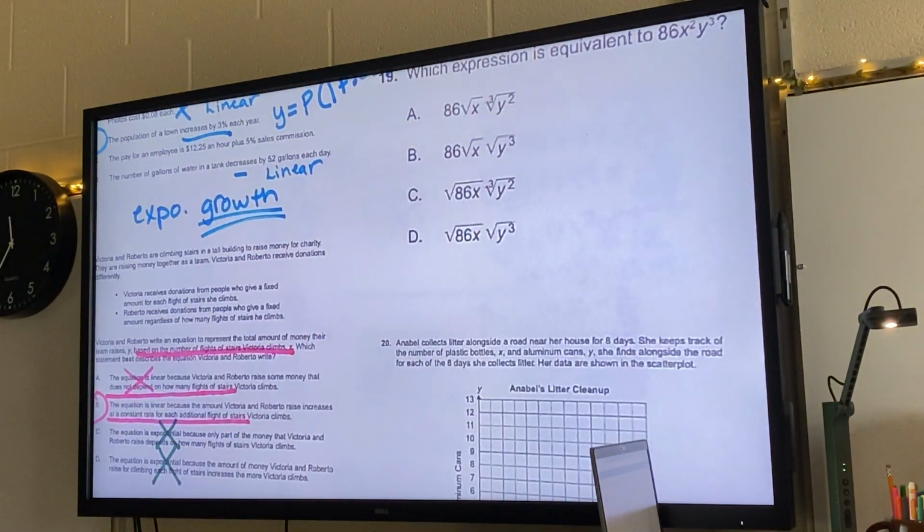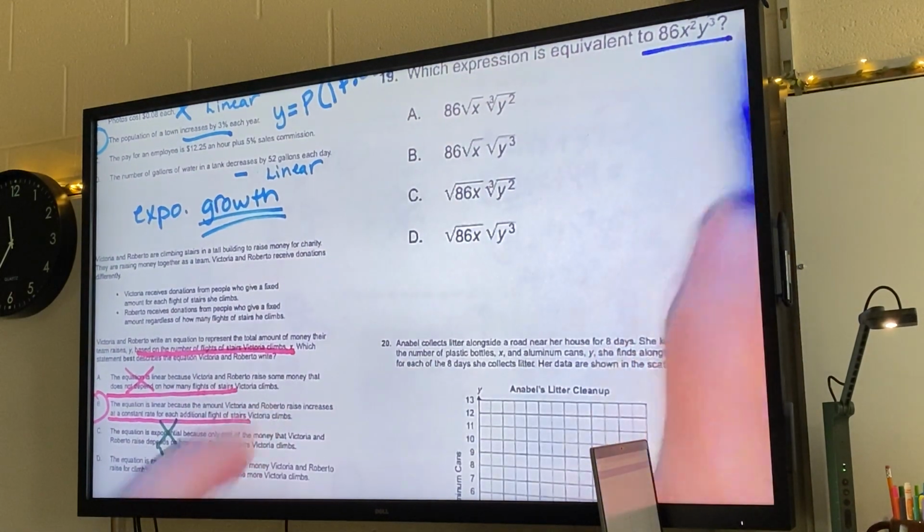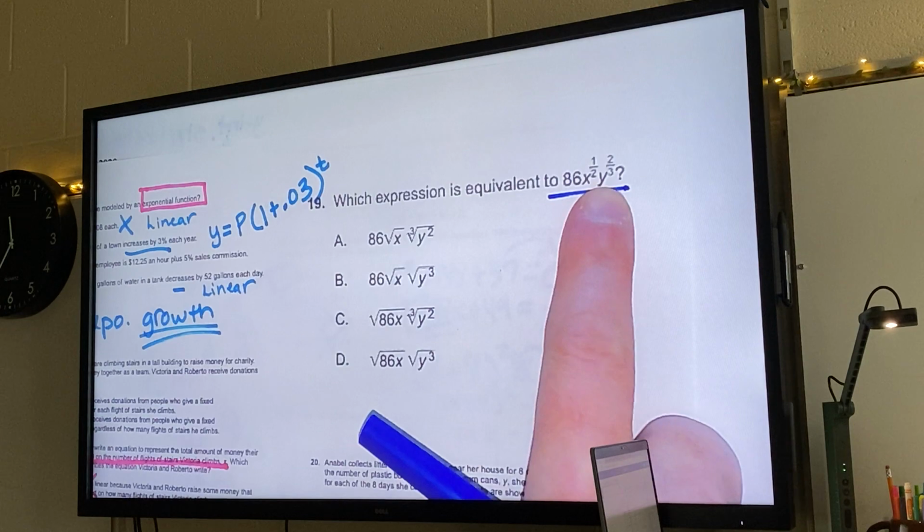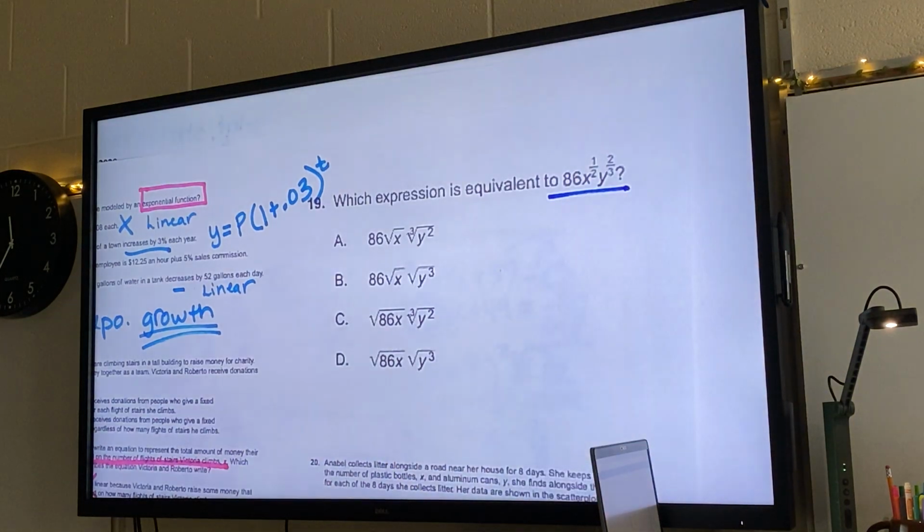It says, which expression is equivalent to this? All right, so look at this thing. 86, x to the half, y to the 2/3. Which two answer choices do not make any sense whatsoever? C and D. Why?